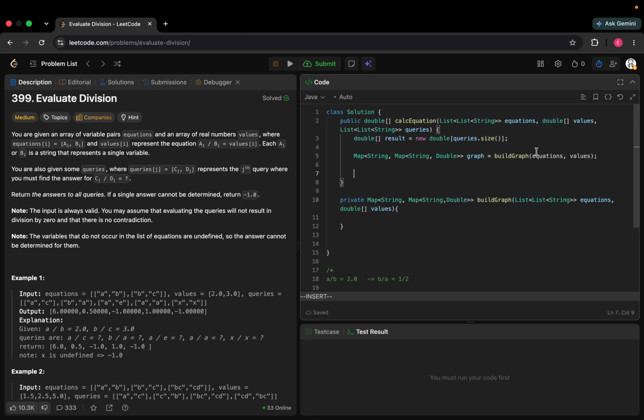So we have the graph. Now we need to follow up on the queries.